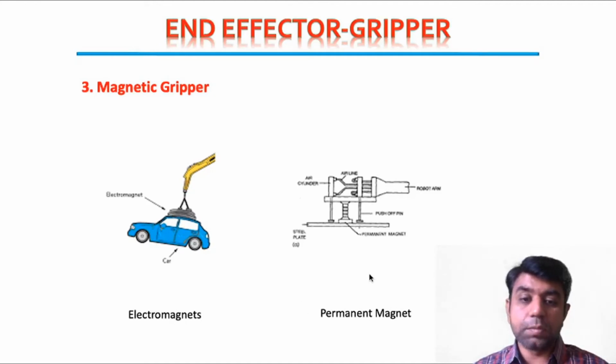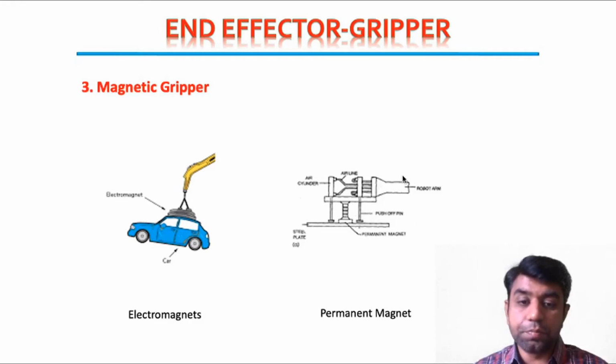The second case is a permanent magnet, in which as soon as you take the magnet near the metallic workpiece, it will hold the object, right? But the complicated part in the case of a permanent magnet is to release the object. In order to release the object, we need to provide push-off pins, right?